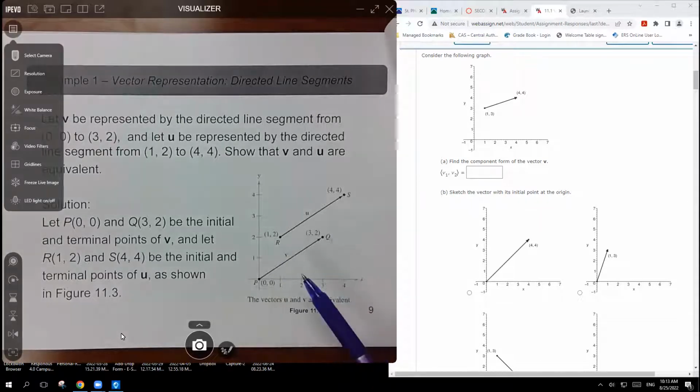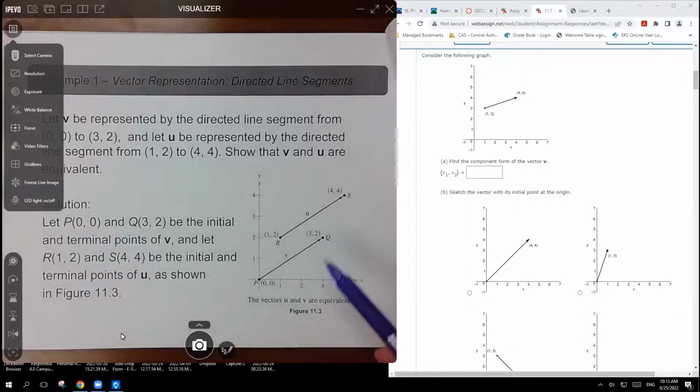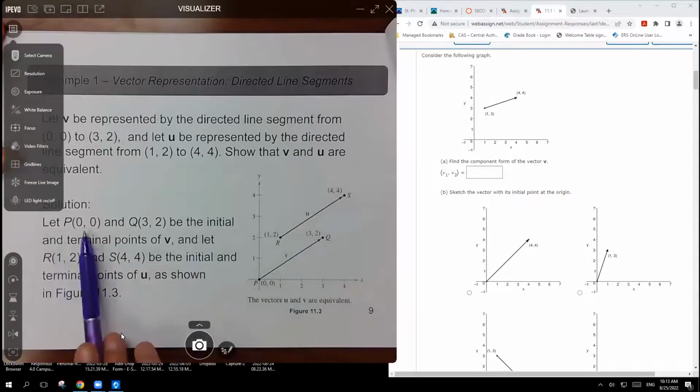First of all, we're just going to start with the basic thing. Then I'm going to give you a definition or rule for how to find whether these are equivalent vectors or equivalent line segments. So now here's the solution.